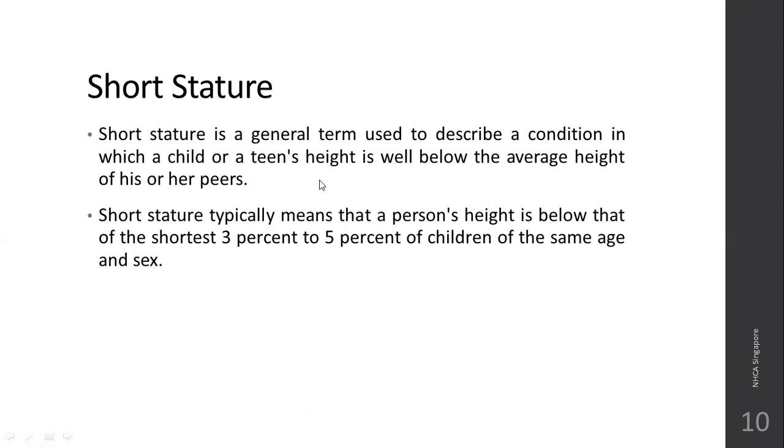Even under that, there are different degrees of stunting: first degree, second degree, and third degree stunting. If the height of the child is above 95% of what is considered normal, it is normal. If the child is 90 to 95% of the normal height, it is first degree stunting. 85 to 90% of the normal height is second degree stunting, and below 85% is considered third degree stunting.